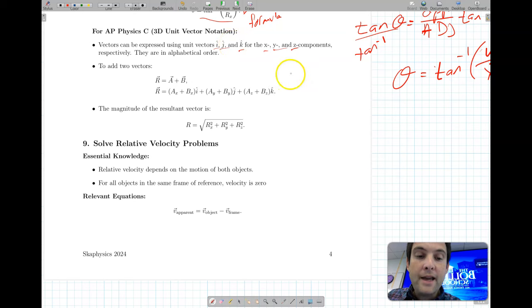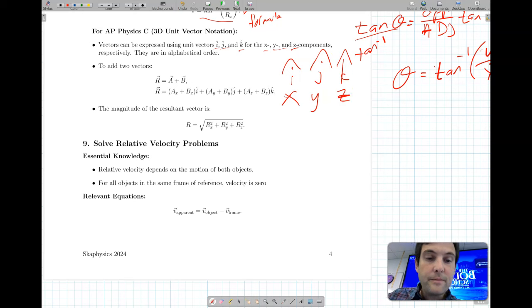So the i hat is the same thing as x. Just keep that in mind. And the j hat is the same thing as y, and the k hat is the same thing as z. I, j, k, alphabetical order. X, y, z, alphabetical order. No need to ever get them mixed up.